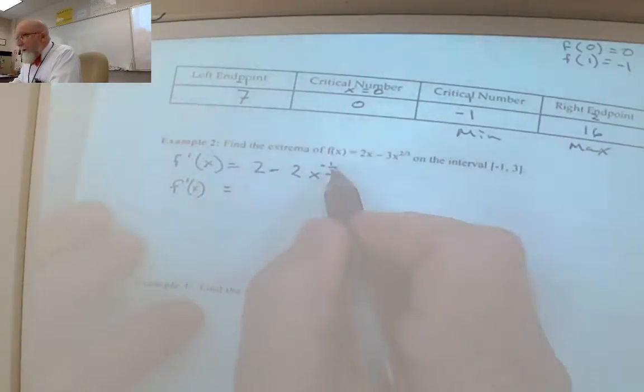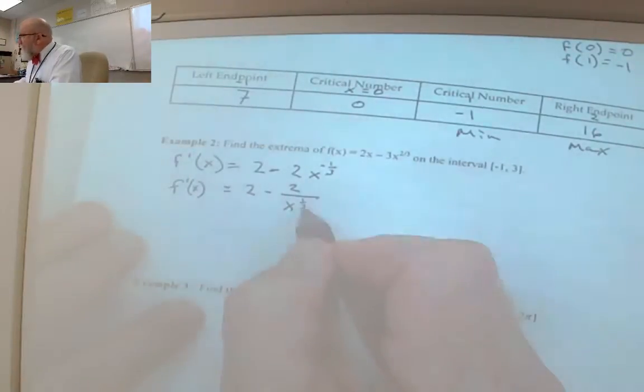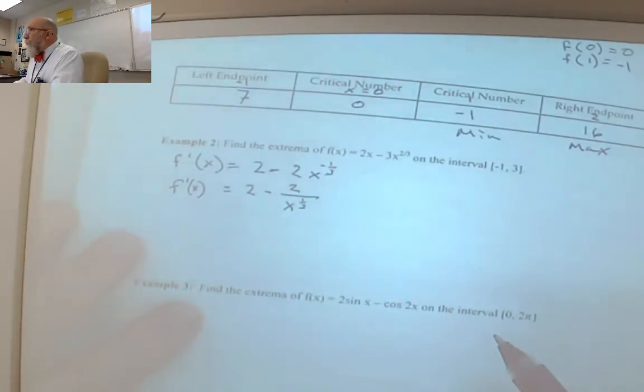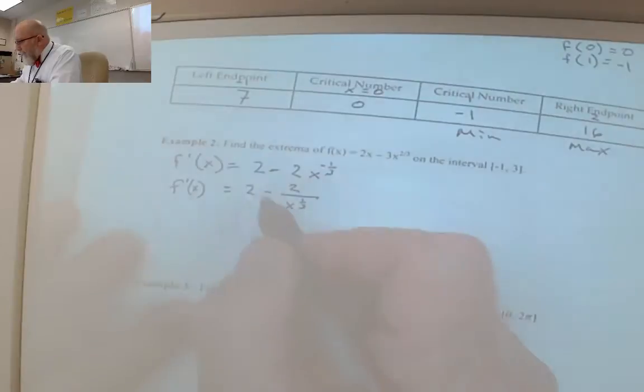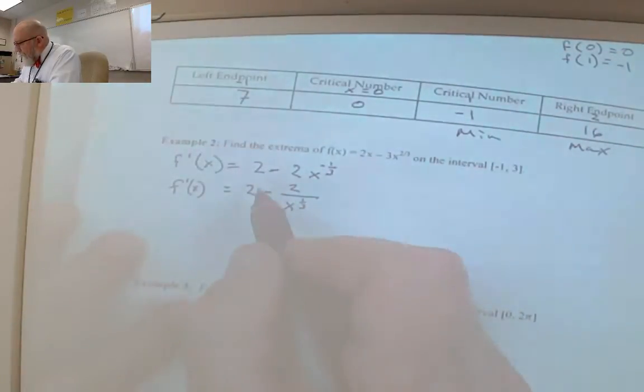So I got a negative exponent, correct? Everybody agree with that? So I'm going to have 2 minus 2 over x to the 1/3. When you do that, make sure you get a common denominator. What's my common denominator? x to the 1/3.